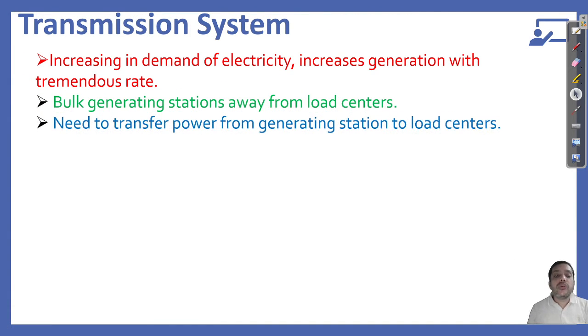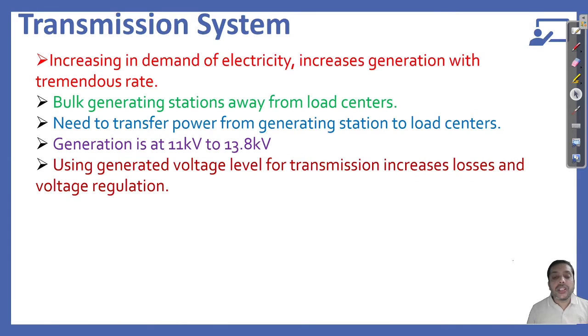We need to transfer a bulk amount of power from the generating station to the load center. Generation happens at 11 kV to 13.8 kV, so using the generated voltage level for transmission increases the losses. Let us consider that I am using the 11 kV voltage at the Chandrapur station for the transmission as well, and I am connecting the load at my end.